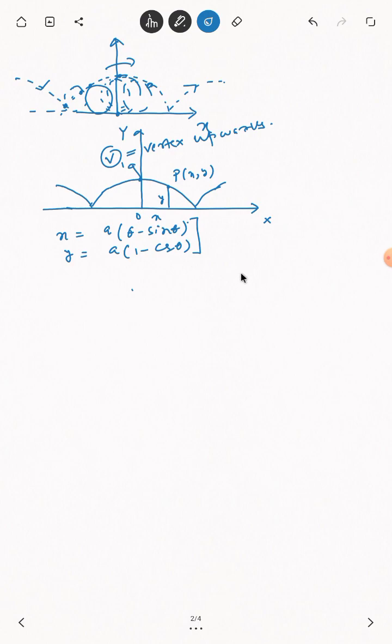But in physical problems, we often see just the opposite of this curve. That means the formation of this curve is just opposite to what we have seen earlier. Here also this is the y-axis, this is the x-axis, no doubt about it, but the curve is reversed, just like this.